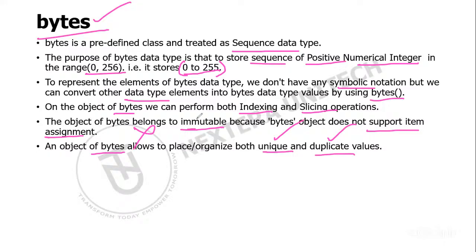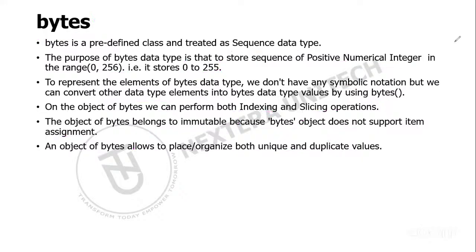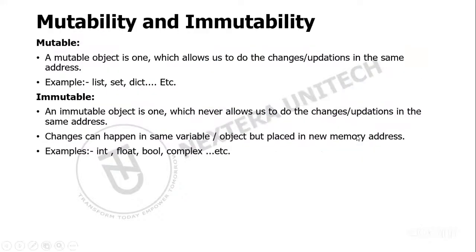But you might have a question on mutable and immutable, right? So let us first get a clear picture about mutability and immutability. Very, very important concept. What is mutable? What is immutable? Mutable means we say an object is mutable when it allows us to make changes, when we are able to update the object at the same address within memory.